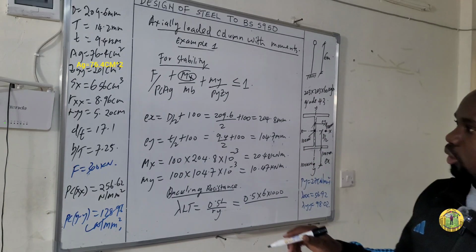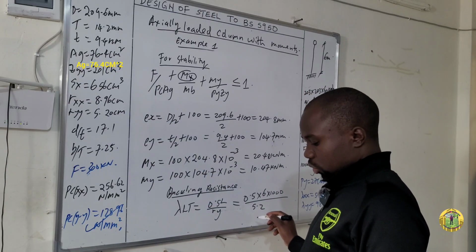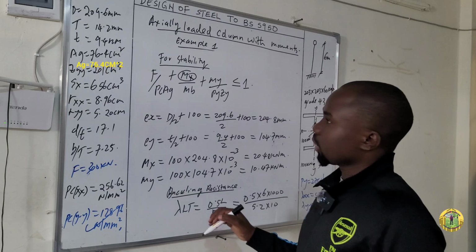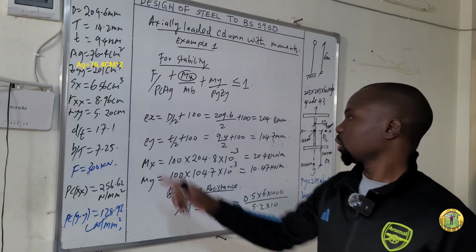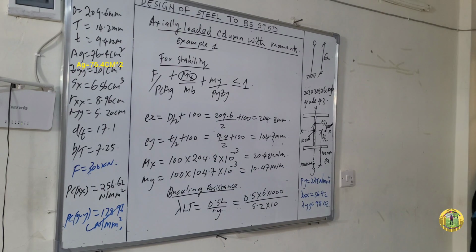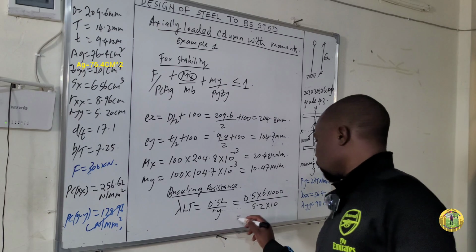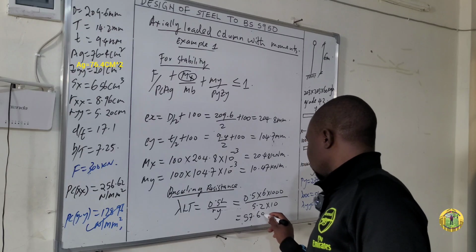So Ry is here 5.2, times 10, we make it from centimeter to millimeter. So you will multiply by 10 like that. So you will get 57.69.